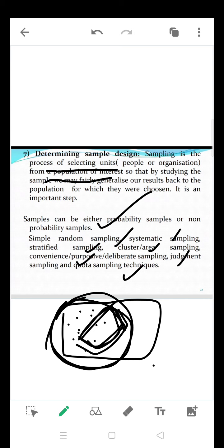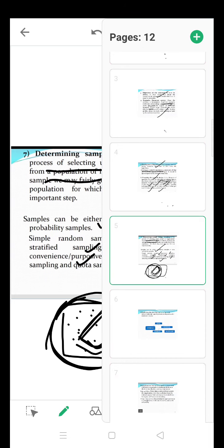Many techniques are available. We are going to make a detailed study in a further chapter regarding sampling techniques. So I just mentioned here how the sample size is going to be decided and how the data are going to be collected. So this is determining a sample design.